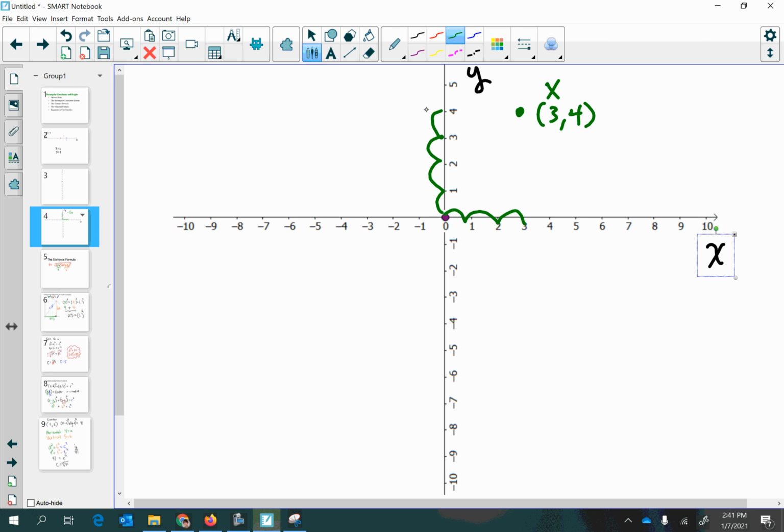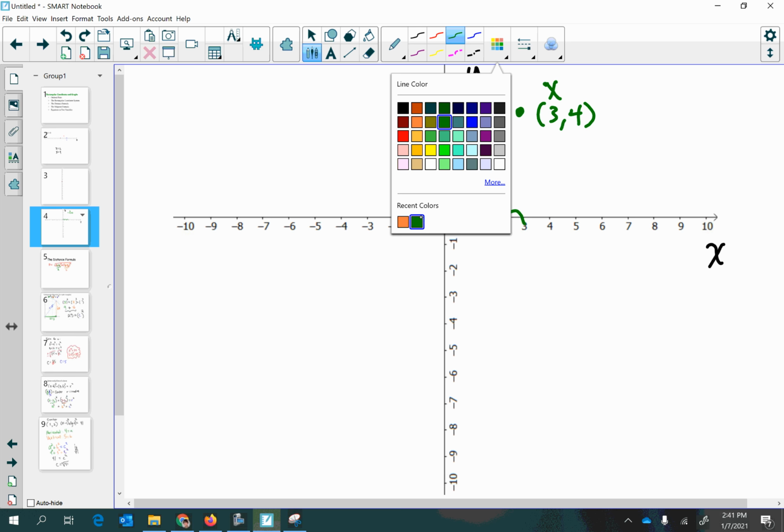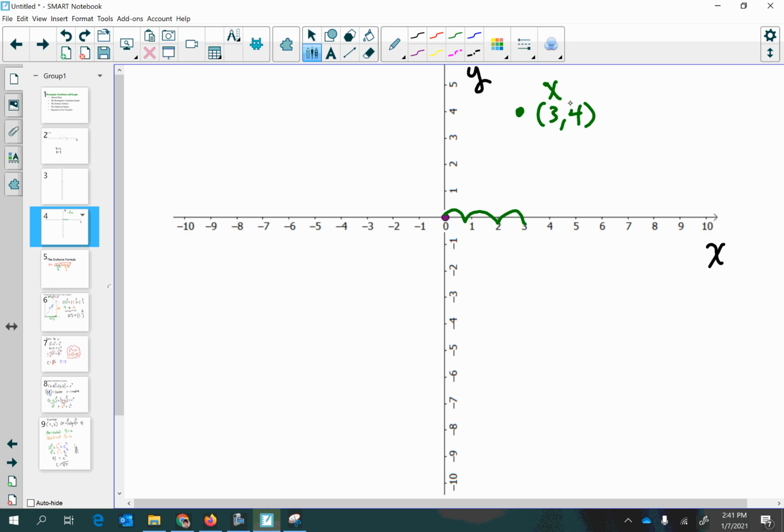Actually, I'm going to color code a little better here. We'll stick with green for x, and we'll use orange for y. So by moving to the right 3 and up 4, I get a central location with an address (3, 4). So that's an ordered pair.